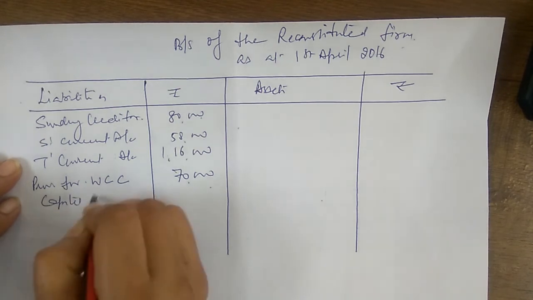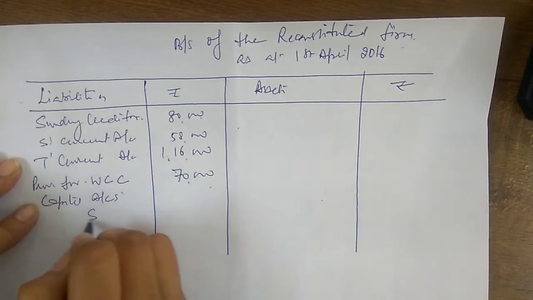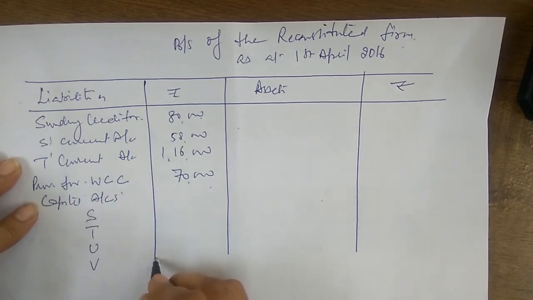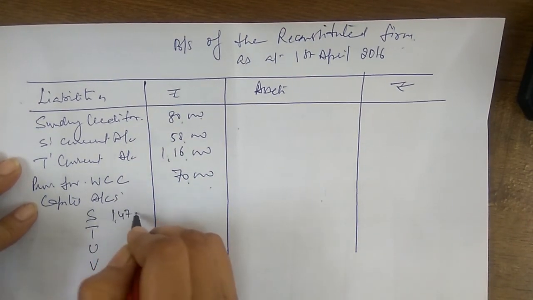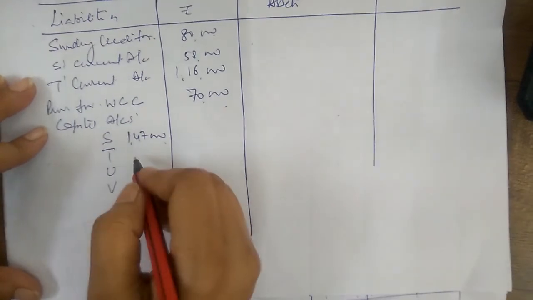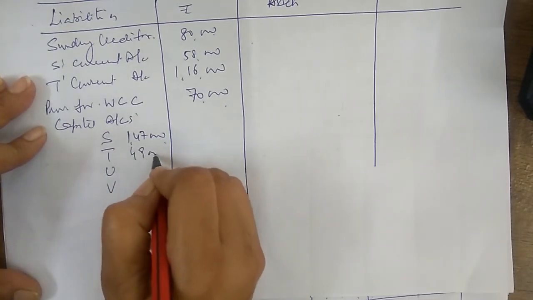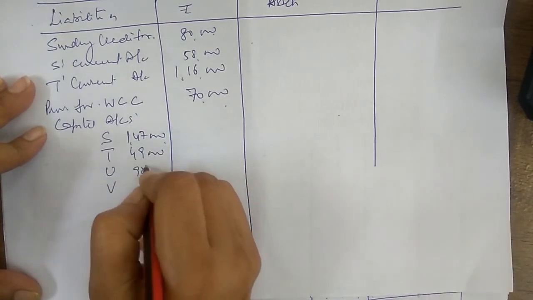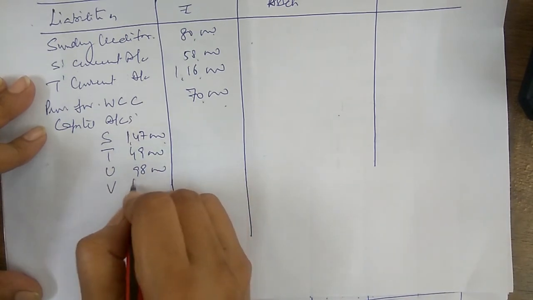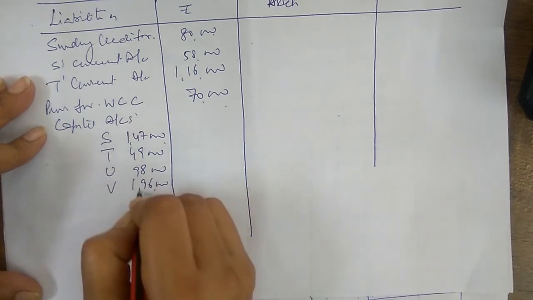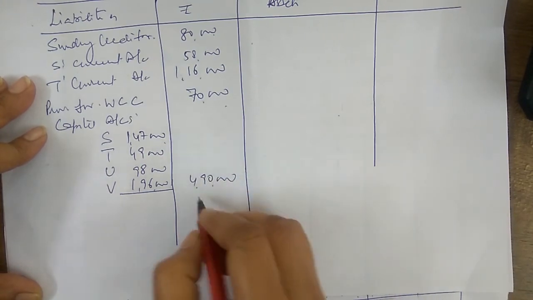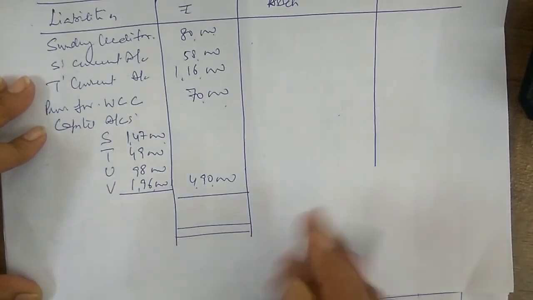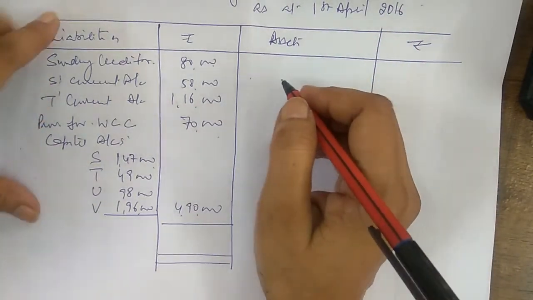And we have capital accounts S, T, U and V. Whatever balances we have calculated as per new ratio, 1,47,000, 49,000, 98,000 and 1,96,000. So total of this all it is 4,90,000. New forms capital. Then we have assets.